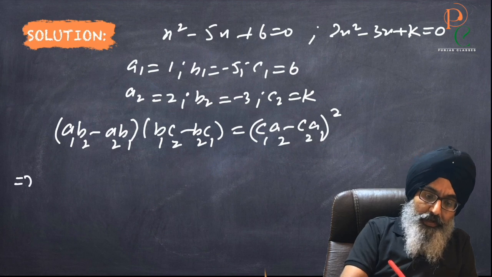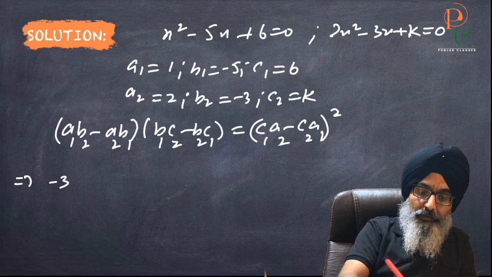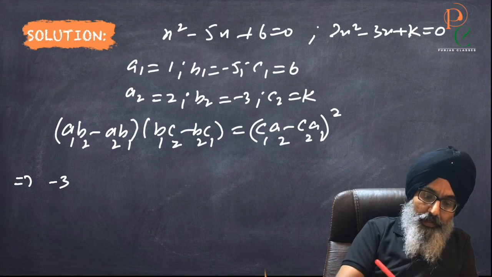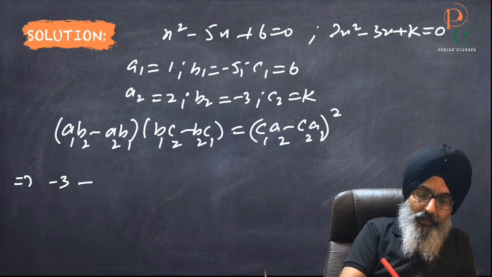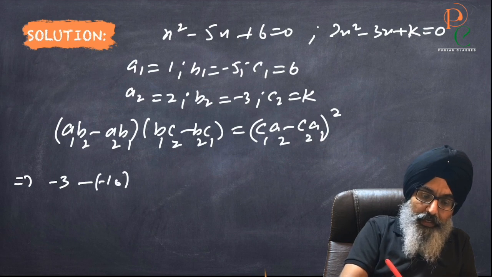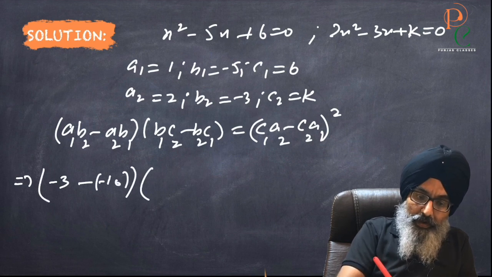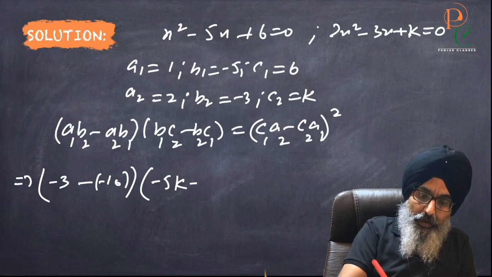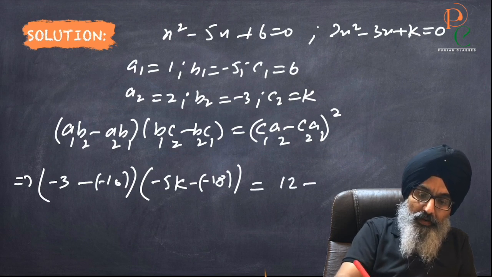So I put the values. A1 into B2 comes out to be minus 3. I am directly multiplying from here. Then minus of A2 into B1, that is 2 into minus 5, it will be minus 10. Then B1 into C2 will be minus 5k, and B2 into C1 will be minus 3 into 6, that is minus 18, equals C1 into A2, that is 12, minus C2 into A1, that is k, whole square.